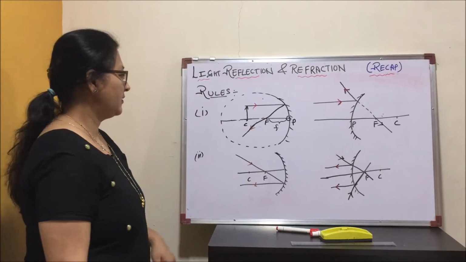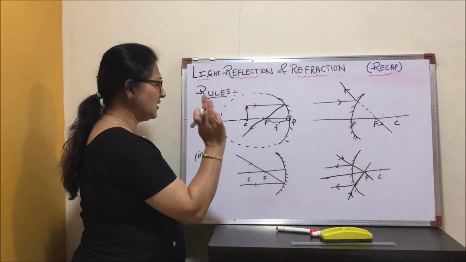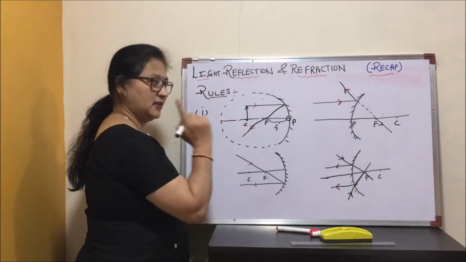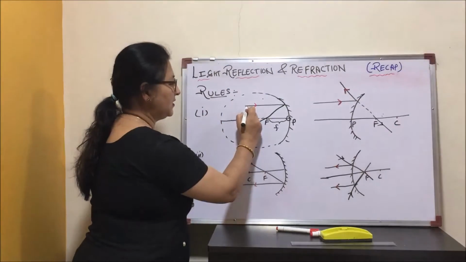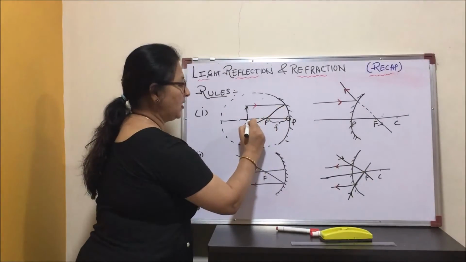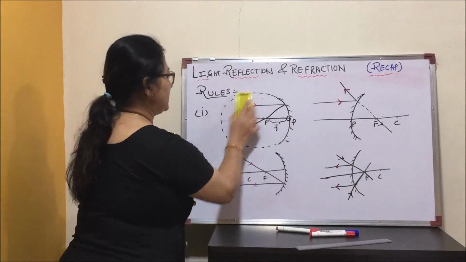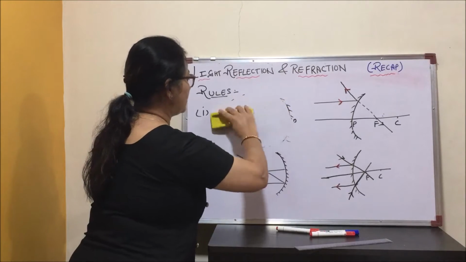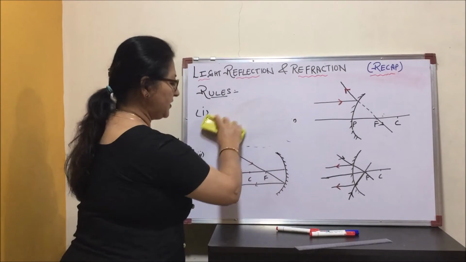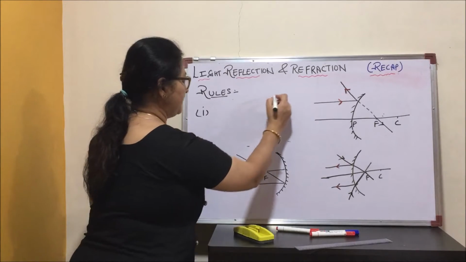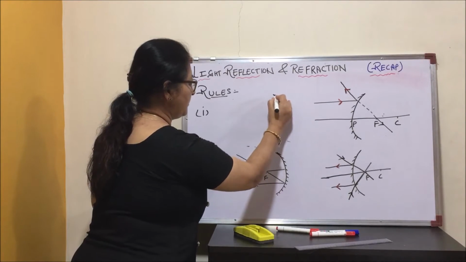Right. Now here, coming to the rules of the concave mirror, let's take an object. The first rule says that when the incident ray is parallel to the principal axis, after reflection it passes through the focus. Let me draw.